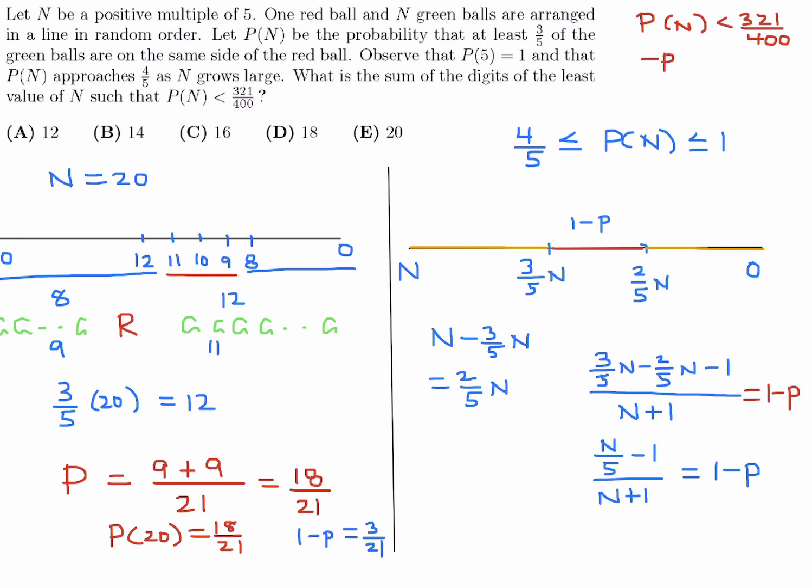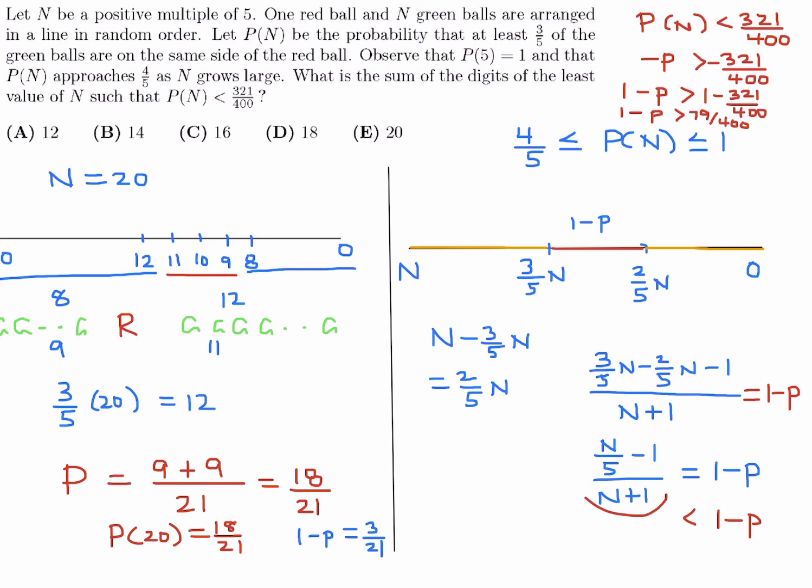First, I'll multiply by negative, so that changes the sign around, so it becomes negative 321 over 400. And then I've got to add 1 to get 1 minus p. That's going to be 1 minus 321 over 400. And that basically means that we have 1 minus p is greater than, what's that, 79 over 400? Yeah, 79 over 400. Okay, let's put that over here. So 1 minus p is greater than 79 over 400.